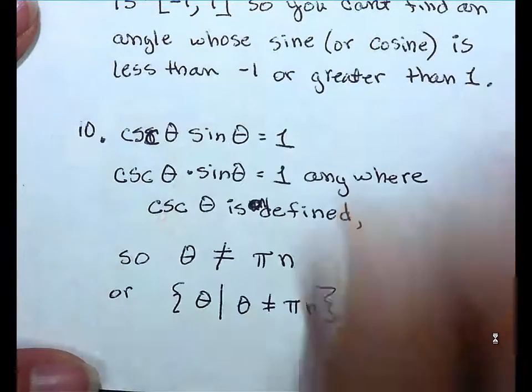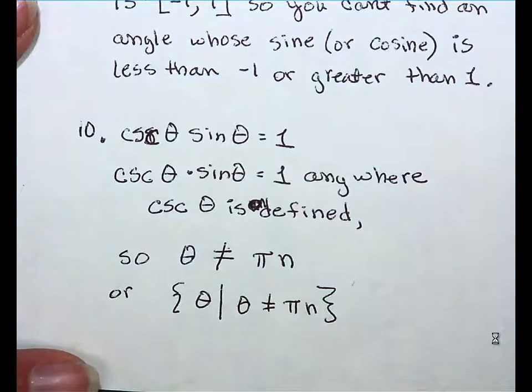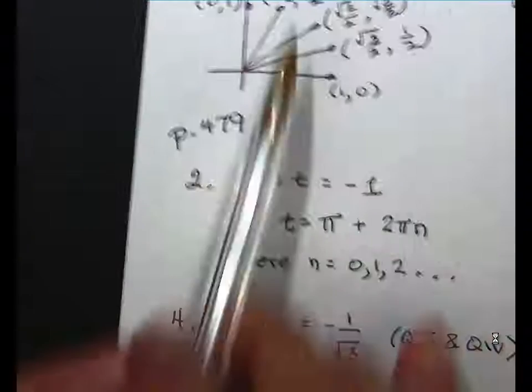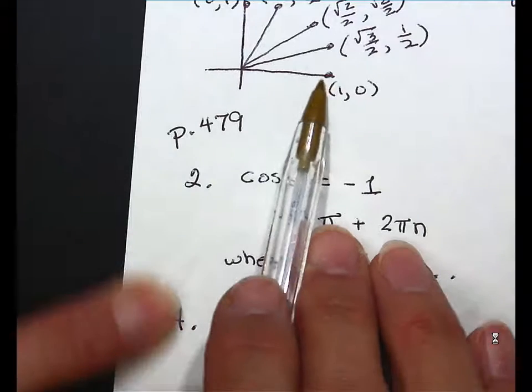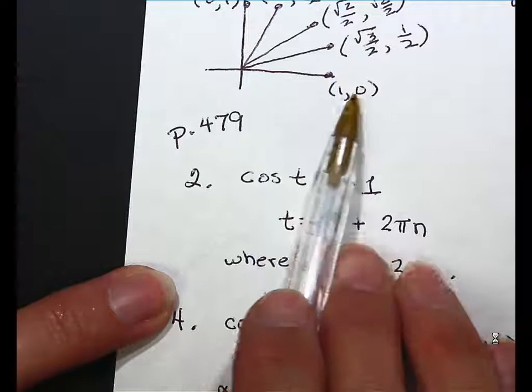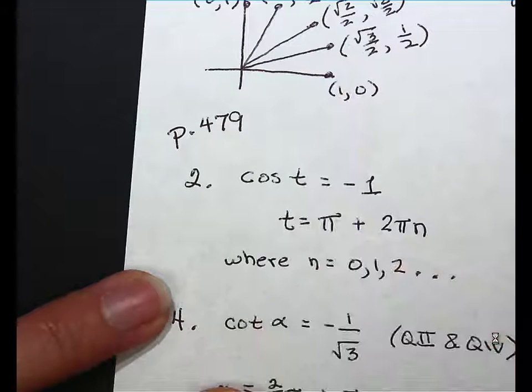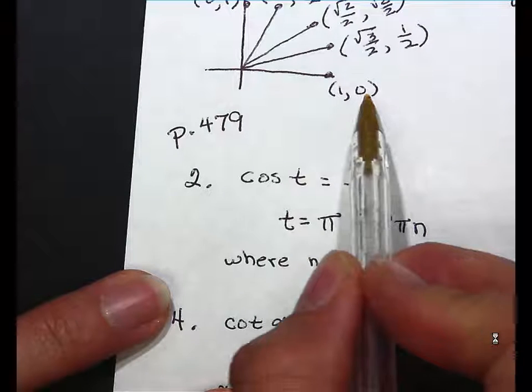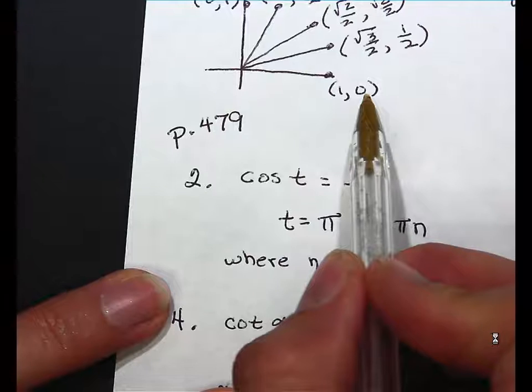Right. And it's defined everywhere except for the whole pi's. It's not defined at the whole pi's. For example, at 0 pi. What are we talking about? Sine? Sine would be 0. Cosecant would be 1 over 0. 1 over 0 is undefined.